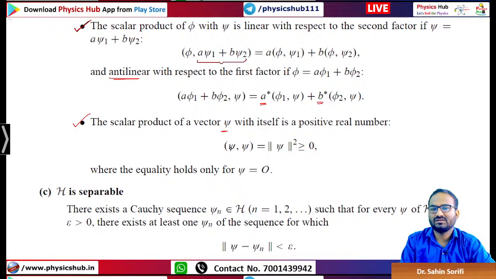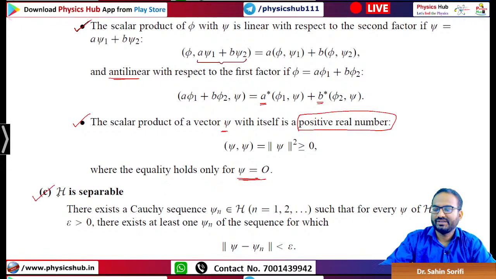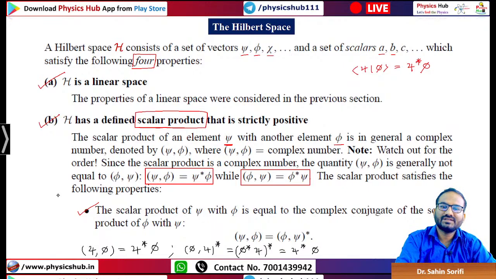The scalar product with itself is psi star psi, which means mod psi square, that is greater than or equal to 0. So it gives you a positive real number, where the equality holds only if psi is a null vector.